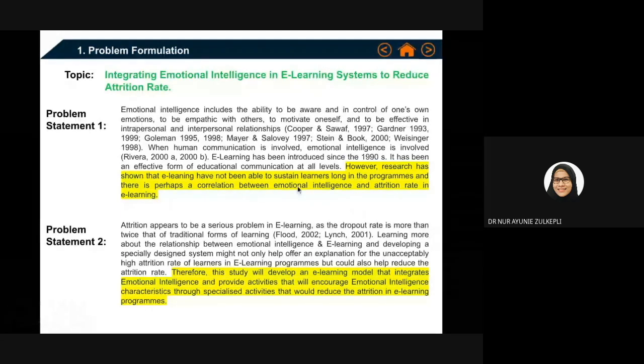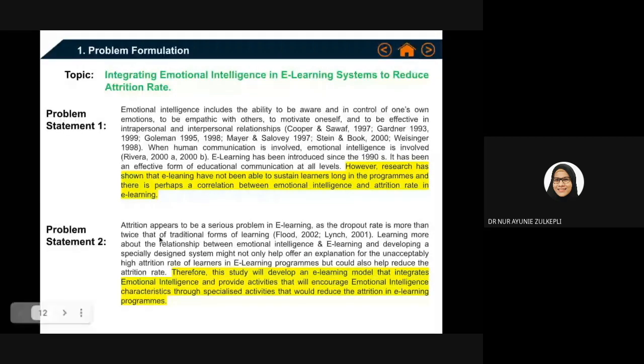So he comes up with a very good single sentence to explain his problem statement. First he explains about the emotional intelligence by referring to other studies. And problem statement number 2 started with the attrition instead of emotional intelligence. So it depends on you which scope in that topic that you want to stress more.